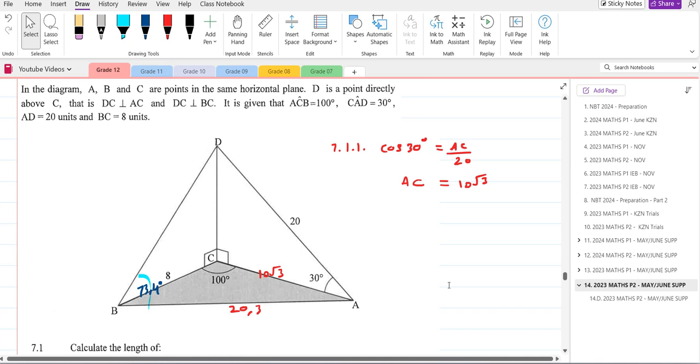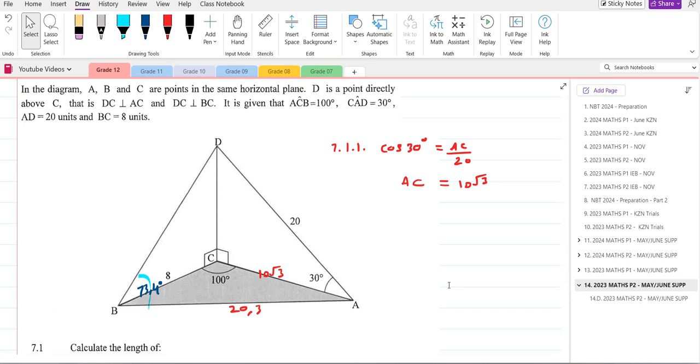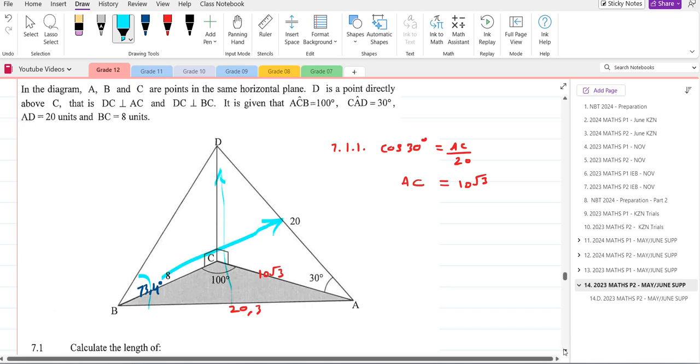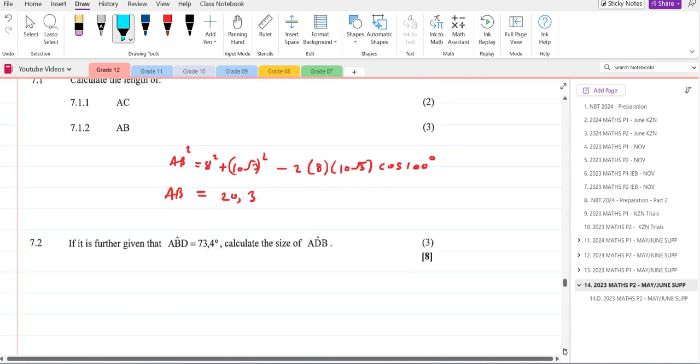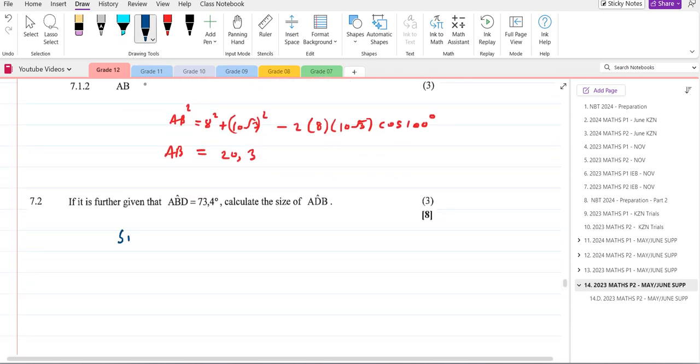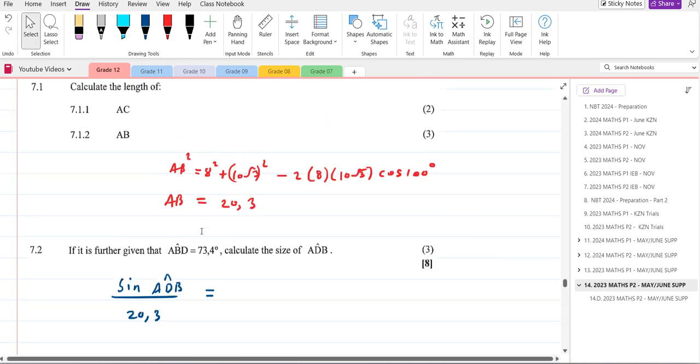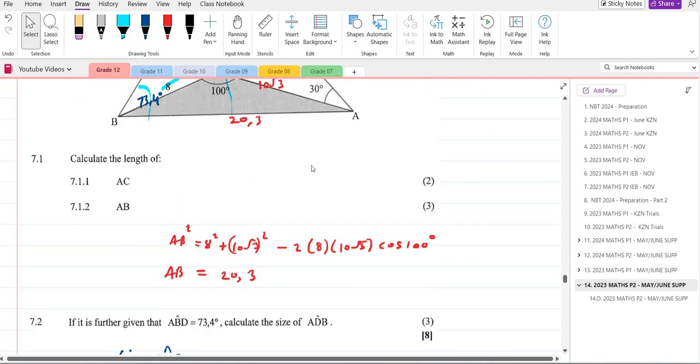Alright, so we can use the sine rule, because we got this angle over the opposite side and this angle over the opposite side. So we can say sine of ADB over 20,3 is equal to sine of 73,4 over 20.